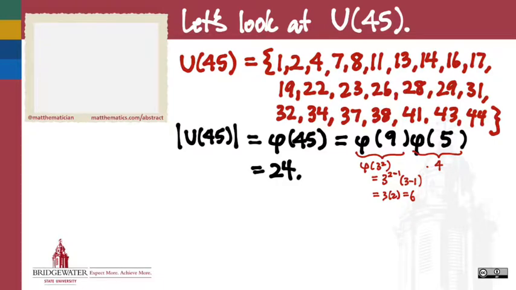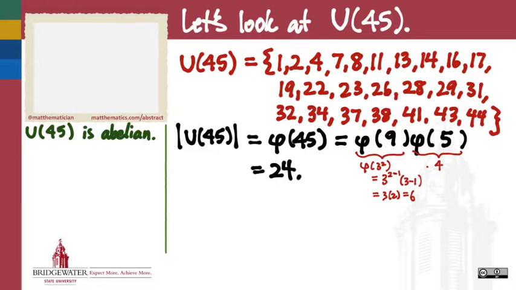So instead, let's at least make a comment: what do we know is true about U45? What kind of a group is it? We don't necessarily know that it's cyclic, but we do know that it's abelian. After all, what's the operation in this group? Multiplication of real numbers, modulo 45, right?